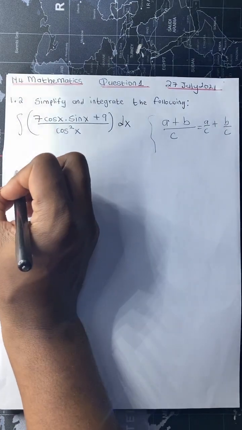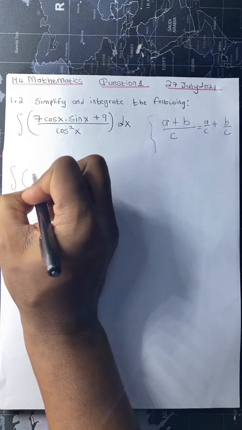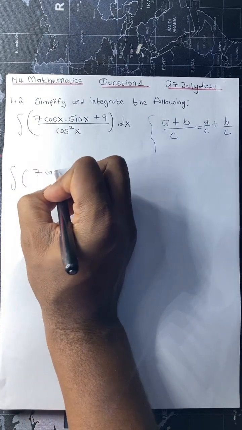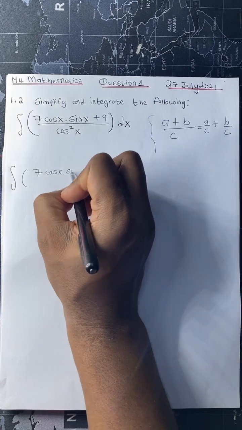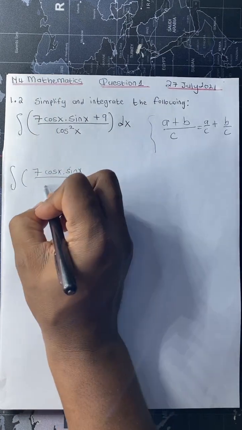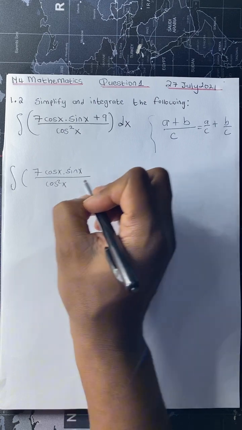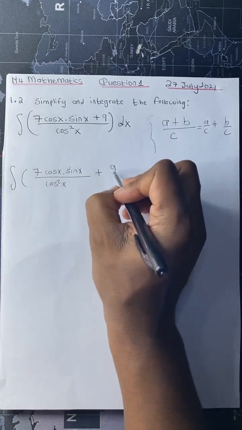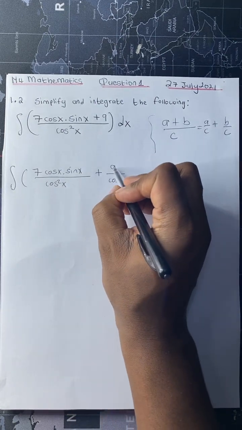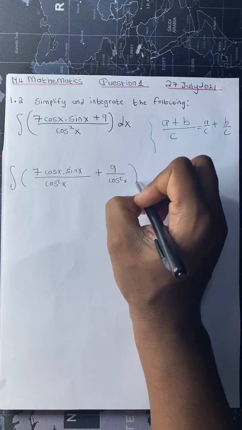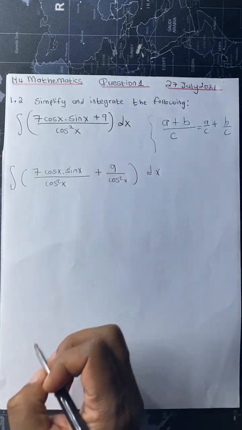In the same token, we can express this as 7 cos x multiplied by sin x divided by cos squared x plus 9 over cos squared x dx.